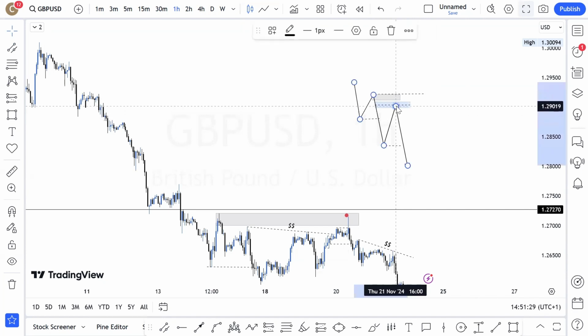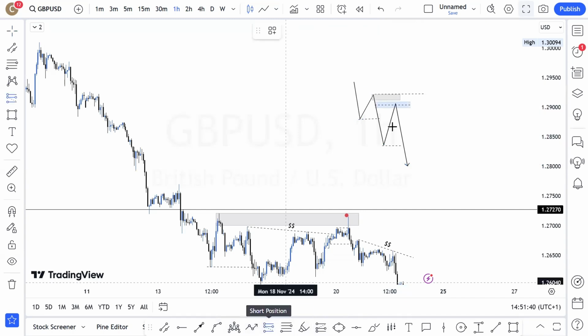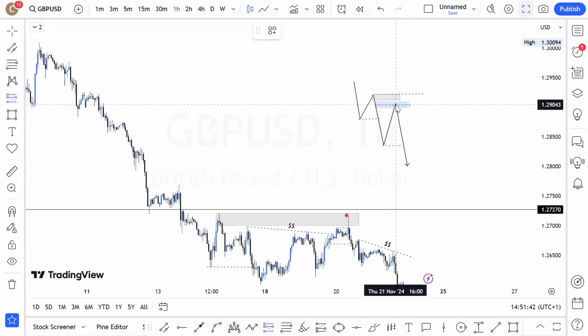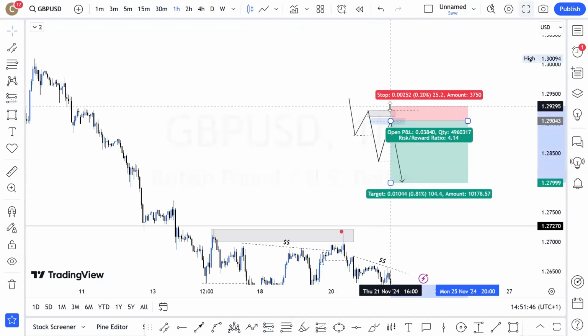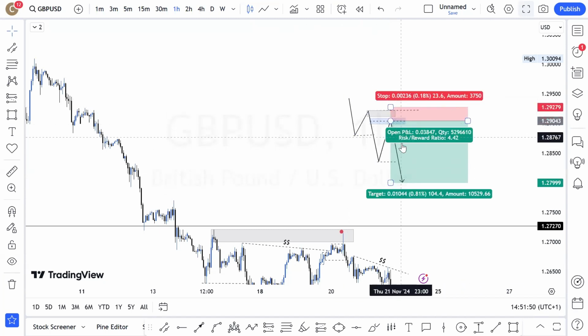When they took this sell, they put their stop loss above like this. When they entered here, they put their stop loss here. And the market started going down.